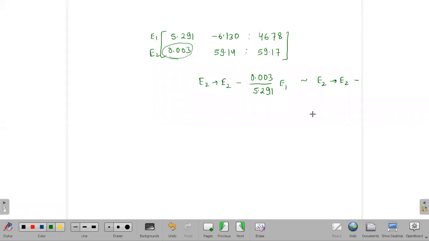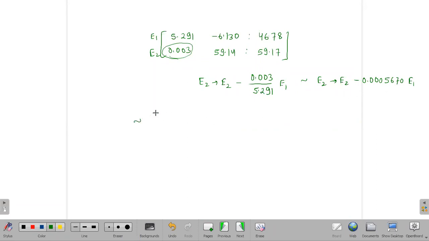So it is 0.0005670 E1. After dividing, you get this number, and we take 4 significant digits only.